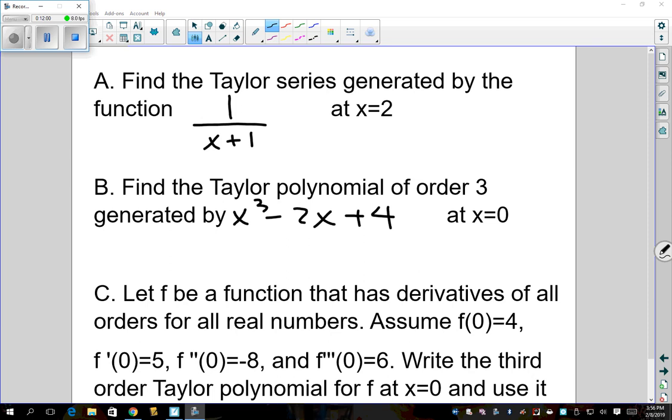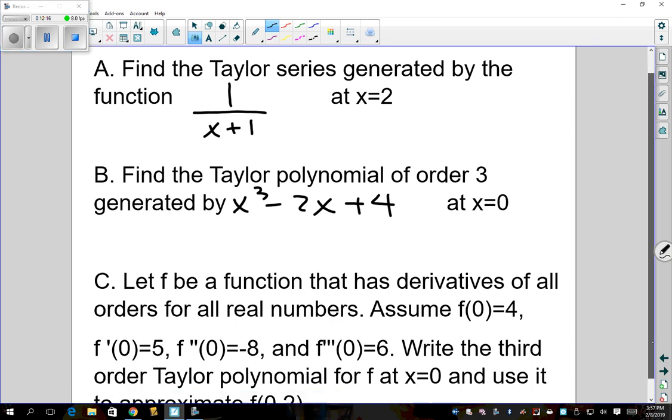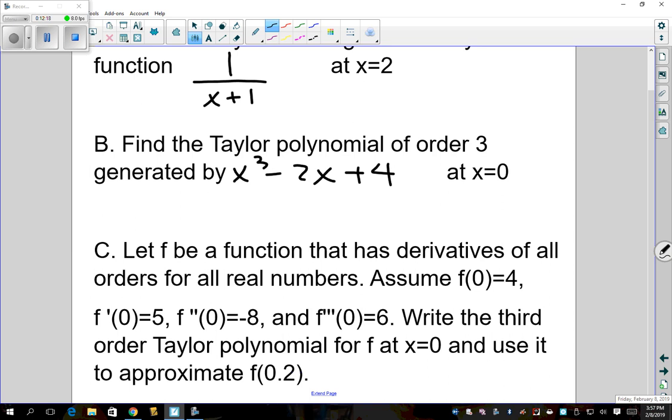So here are your ABC problems to try. A, find the Taylor series generated by the function 1 over 1 plus x. We have that on the previous slide. B, find the Taylor polynomial of order 3 generated by x cubed minus 2x plus 4 at x equals 0. And then third, we're given that f is a function that has derivatives of all orders. F of 0 is 4, f prime of 0 is 5, f double prime of 0 is negative 8, and f triple prime of 0 is 6.